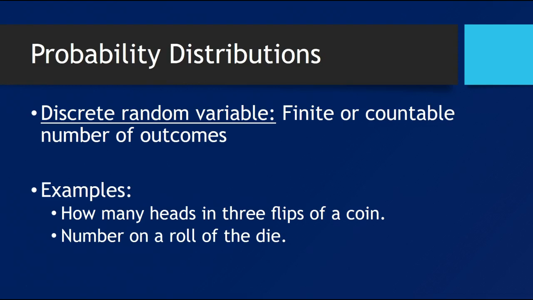Similarly, when you flip a coin 3 times, how many heads could I possibly get? Well, it's either 0, 1, 2, or 3. Okay, so only whole numbers, only finite or countable numbers are available.